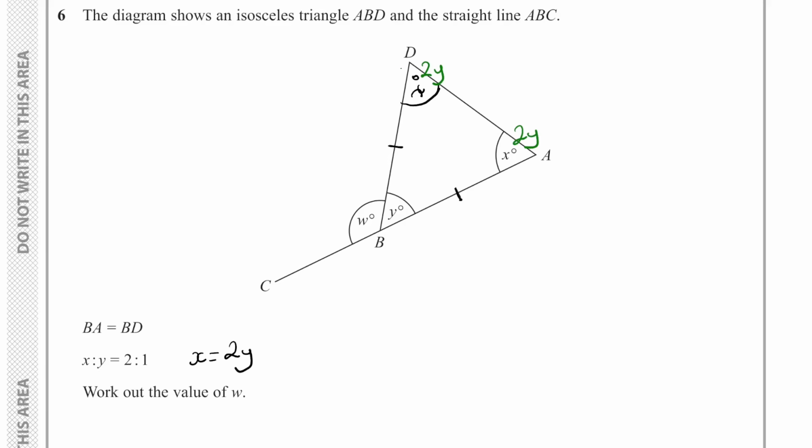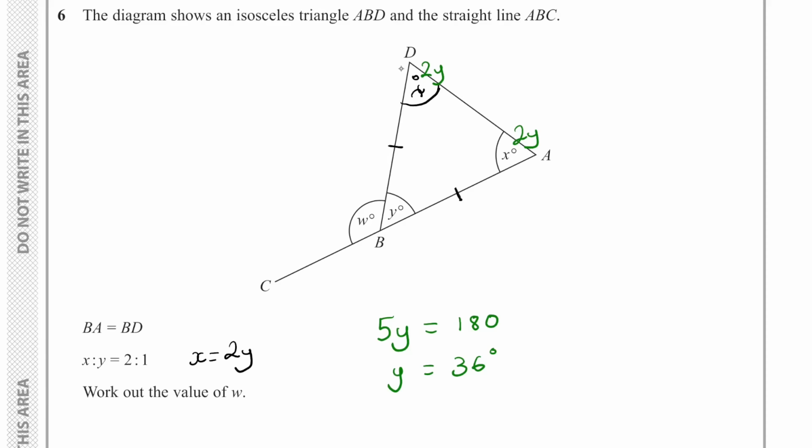And we know the angles in a triangle have to add up to 180 degrees. So we've got 2y, 2y and y. 5y equals 180. Divide both sides by 5. Y must be 36. And dividing by 5 there, I've divided by 10 and doubled it. So y is 36 degrees.